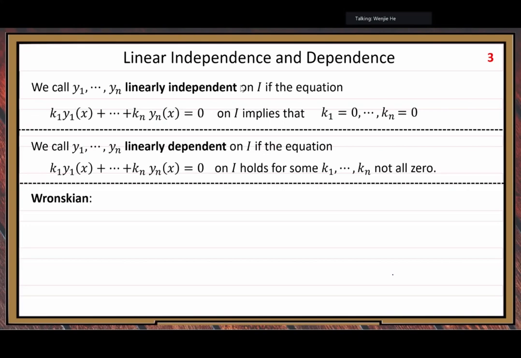The independent case and the dependent case, both cases, we consider this linear combination function equal to 0. If it is equal to 0, it is equal to 0 at every point on I, right? I is the interval. So not just one point in I, but all the points in the I interval.